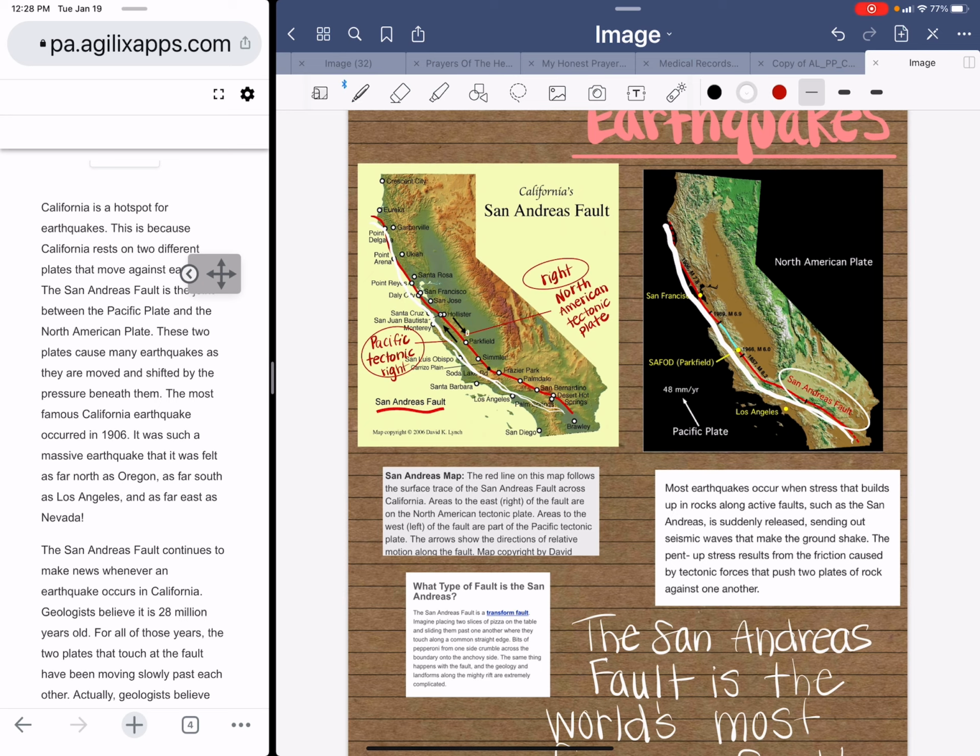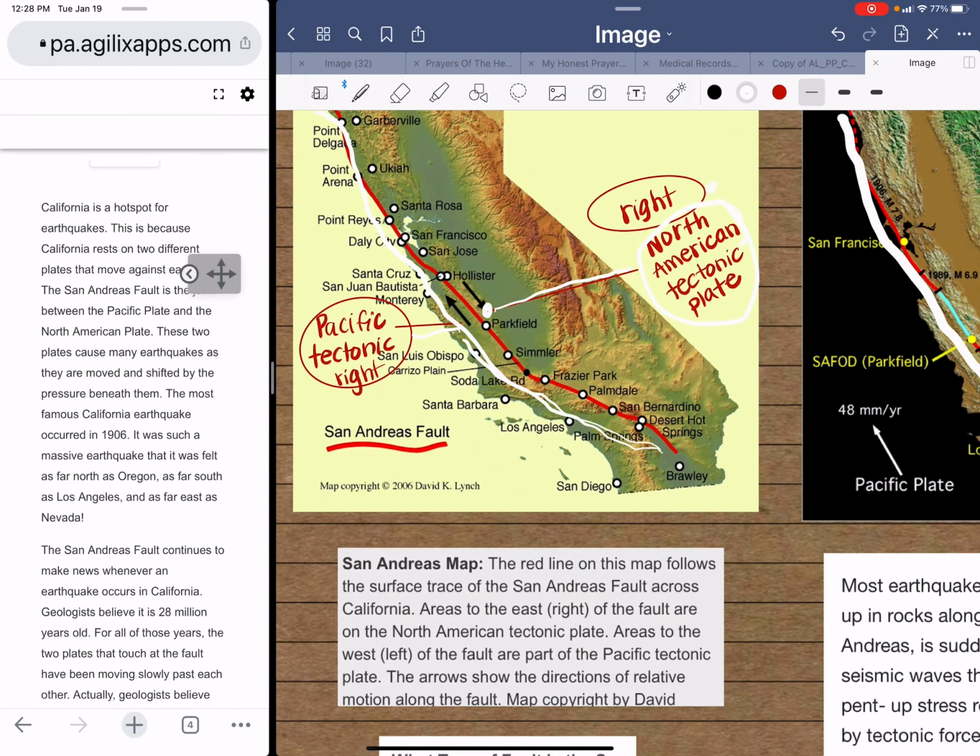Everything from right here over to the right, that's the North American tectonic plate, okay? And then everything this way and over, this is the Pacific tectonic plate, okay? I actually wrote it right there, but that should be to the left. Everything to the left of the San Andreas Fault is the Pacific tectonic plate.